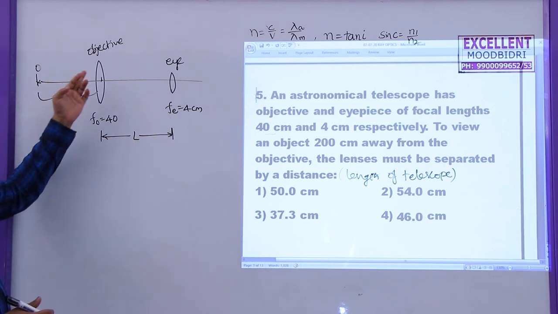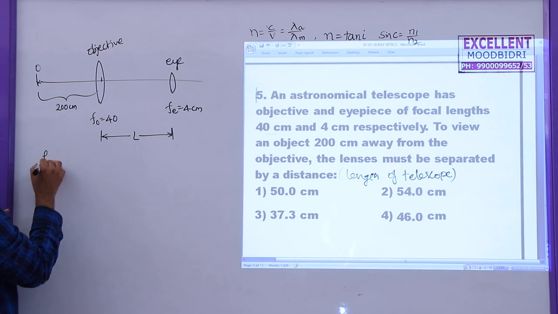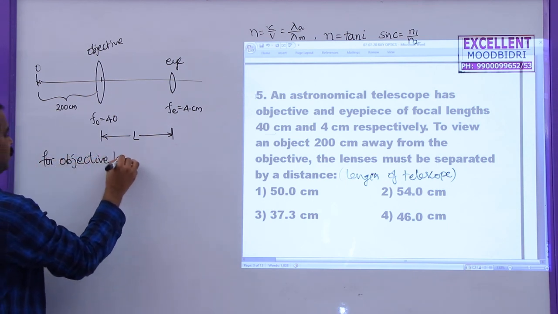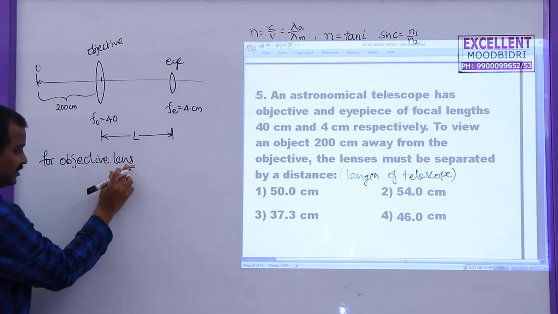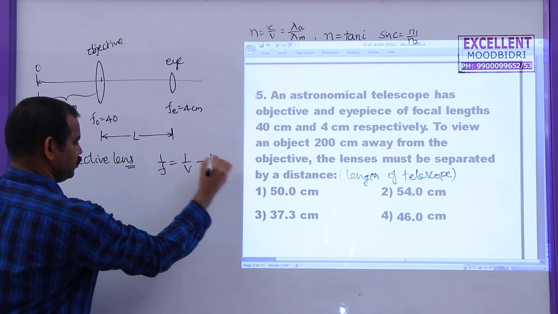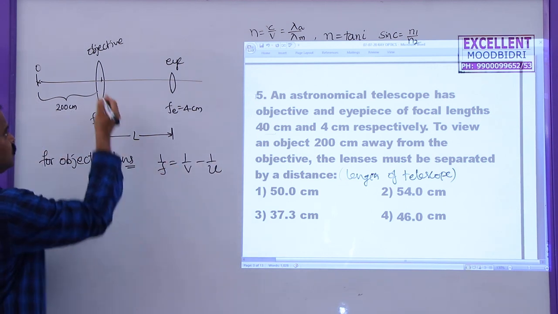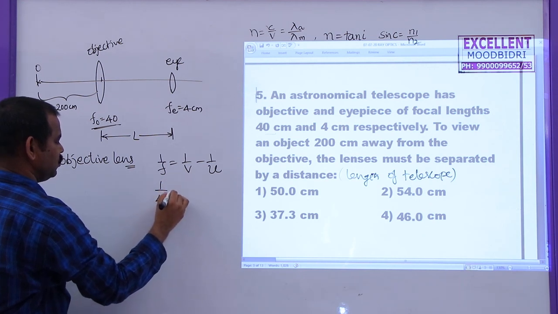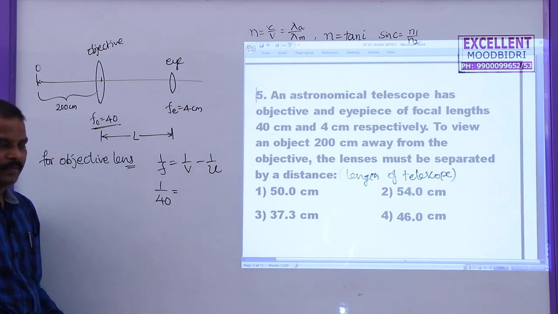We know that for the objective lens, the lens formula is 1 by F is 1 by V minus 1 by U. Now if you substitute these values, we know the focal length of this objective is 1 by 40, keeping all the data in centimeters only.